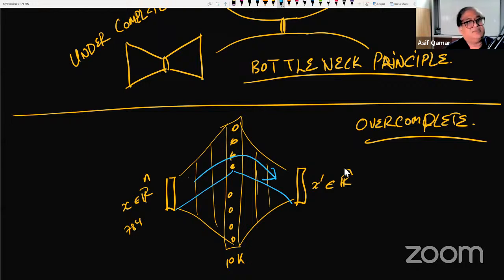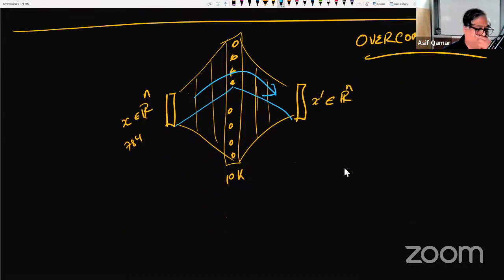I'm going to talk about a few tricks for which you can use an overcomplete autoencoder, or you could use an undercomplete autoencoder, the traditional autoencoder. Both of them work, but quite often people tend to use overcomplete autoencoders. And one of them is the sparse autoencoder.